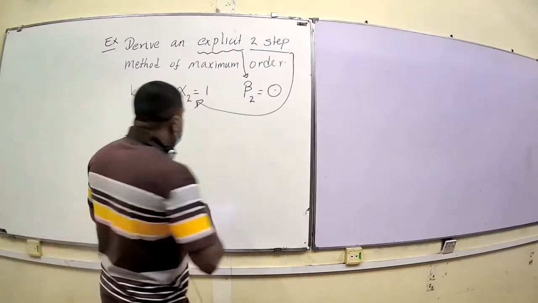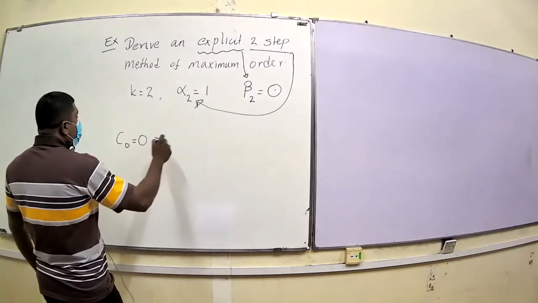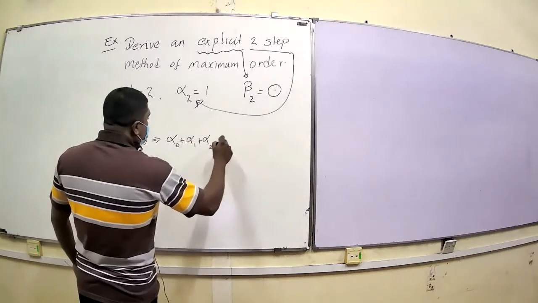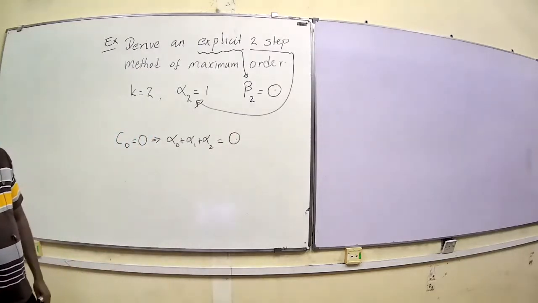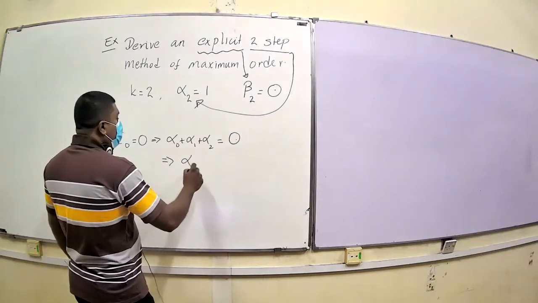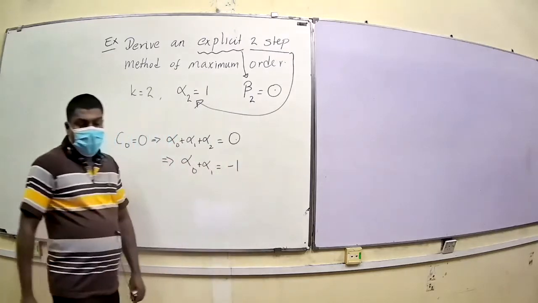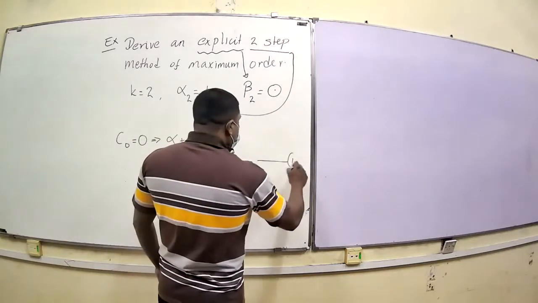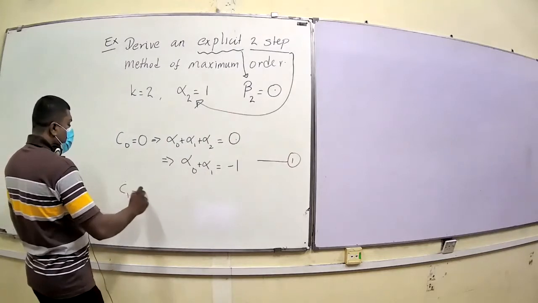Now you start with C0 equal to 0. So alpha 0 plus alpha 1 plus alpha 2 is equal to 0. This gives me alpha 0 plus alpha 1 is equal to minus 1. So I have equation number 1. Then I go to C1 equal to 0.